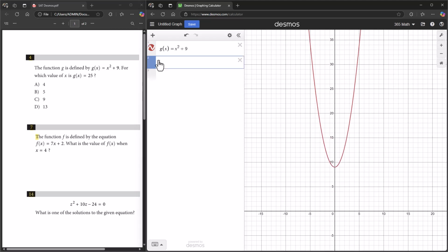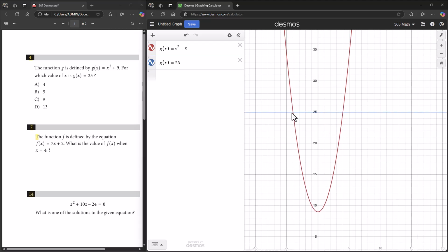And then since the question is saying for which value of x is g of x equal to 25, we then say g of x is equal to 25. And we come to our graph and we look at the points where the two lines meet. So we have this blue line for g of x is equal to 25, and we have this parabola here that's for x squared plus 9.